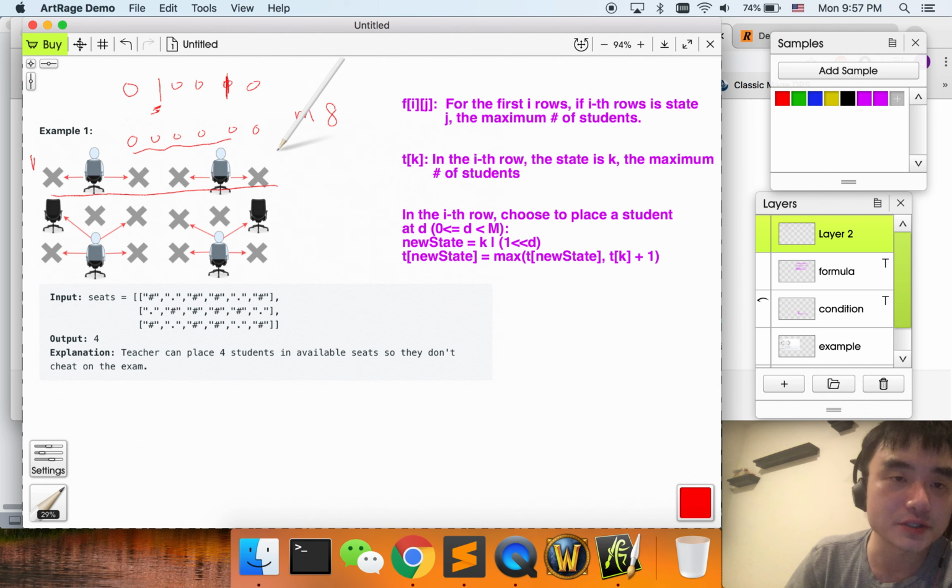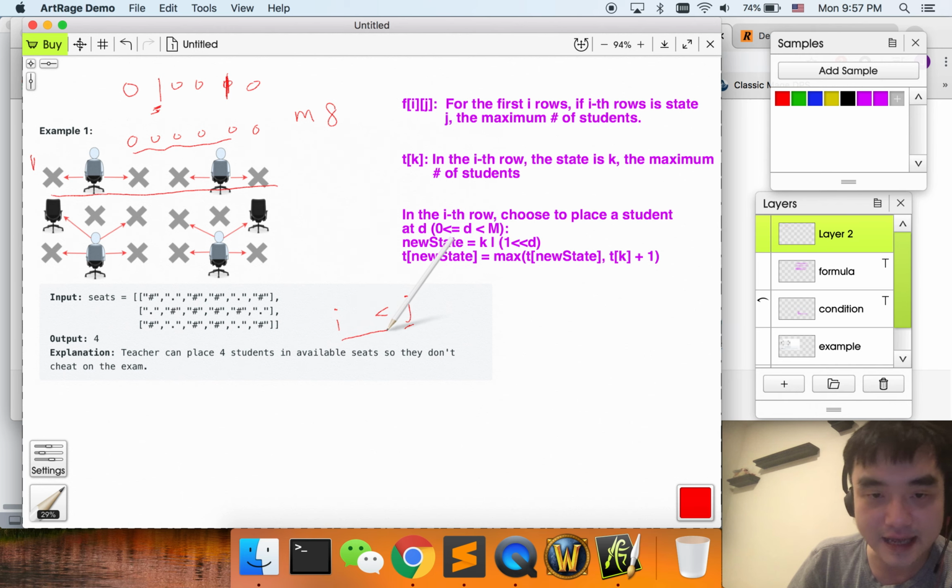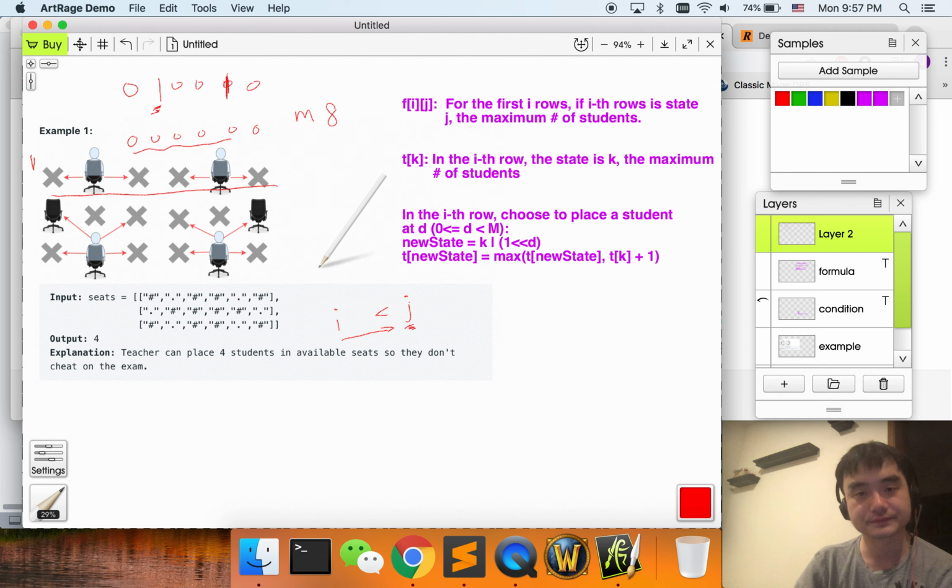And we can be sure that if state j is bigger than i, state j is always transformed from a state that is less than j, right? So in this way, we can deduce all of those states from the initial states, right?